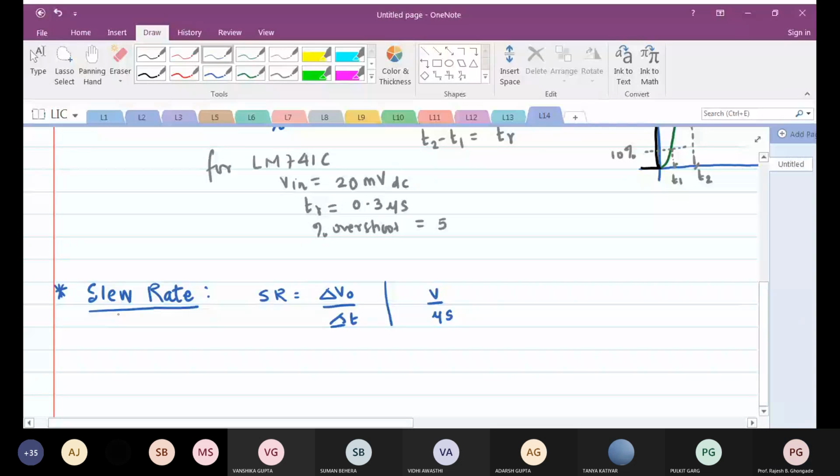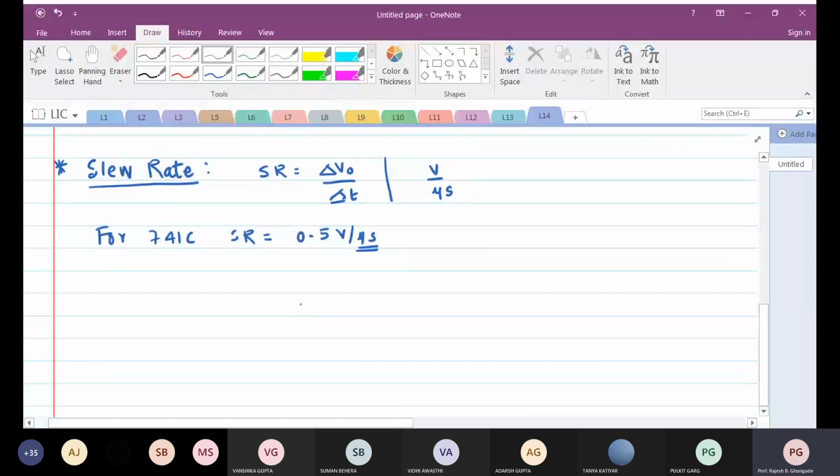So for 741, slew rate is specified in the data sheet as 0.5 volts per microsecond. Don't forget this microsecond parameter. It is very important. Well, this is a general purpose operational amplifier, and so this is not a very good value, but we do have very good slew rate operational amplifiers.